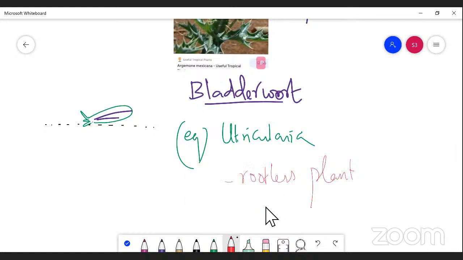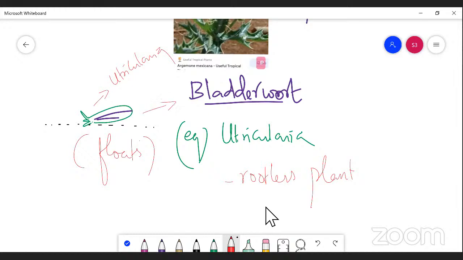I have drawn the structure of the Utricularia plant, which floats on water, right? There is no presence of root, hence it is a rootless plant. It is known as bladderwort. It is also called bladderwort.